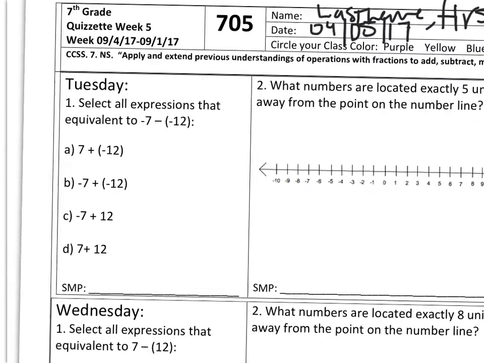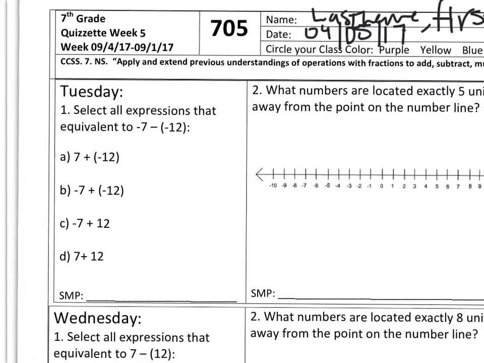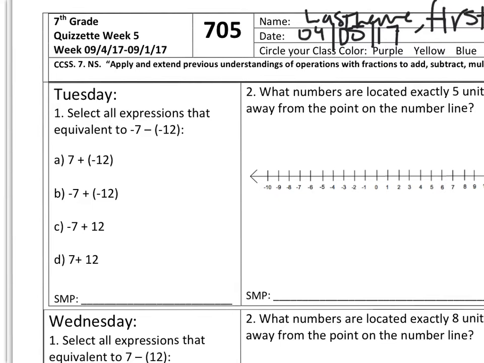Alright, so Tuesday number 1 is saying select all expressions that are equivalent to -7 minus -12. As I told you before, every time you see subtraction from now on, you're going to change that into addition. And the consequence is to also change the number next to it to its opposite. So what is the opposite of -12? +12.